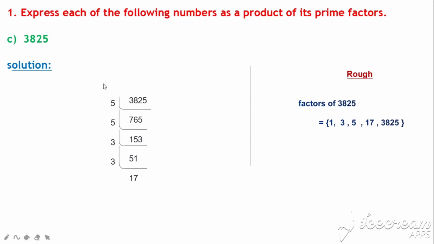So now 3825 can be expressed as 5 into 5 into 3 into 3 into 17. This can also be written as 3825 equal to 5 square into 3 square into 17. So here 5, 3, 17 are the prime factors of 3825.